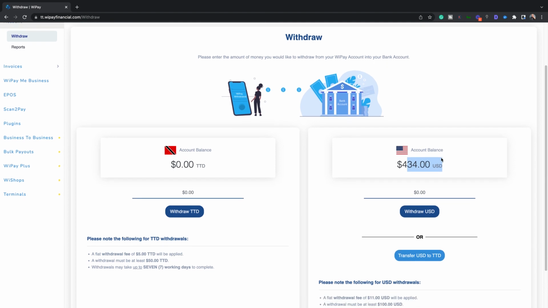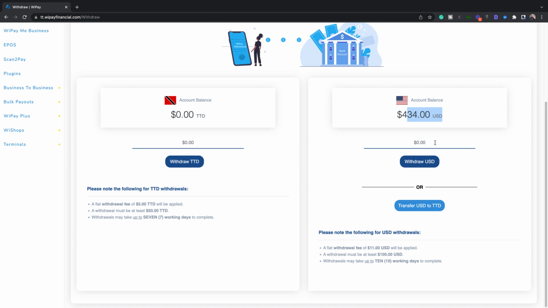So what's going to happen is you have two options. You are either going to be able to withdraw the entire amount of US dollars. So if you want to keep the funds in US, you can hit withdraw US. What you are going to need is a local US cash account in your bank in your country. Once that's connected to WiPay, you can deposit the US dollar funds into your local US account.